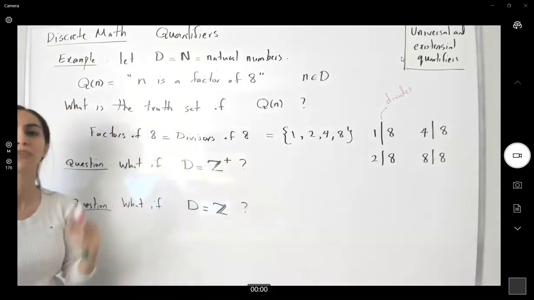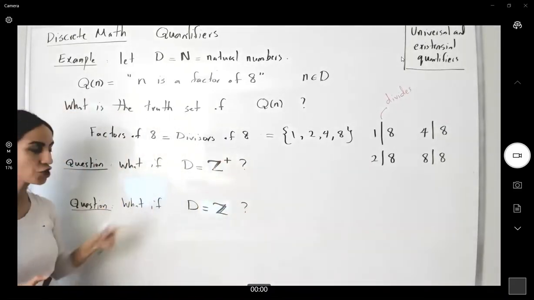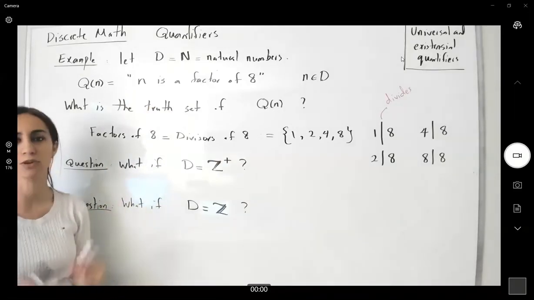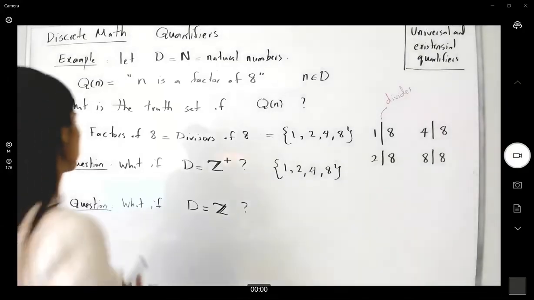What are the truth sets for this predicate if I change the domain to positive integers and also to integers?